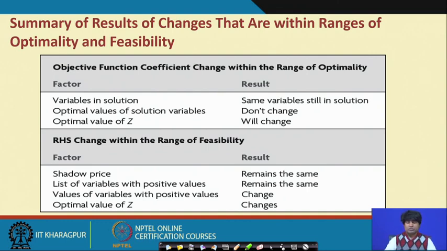This is very useful as far as the business environment is concerned, because most businesses are very dynamic, highly volatile and highly uncertain, and there are huge risks, lots of external factors, and lots of competition.